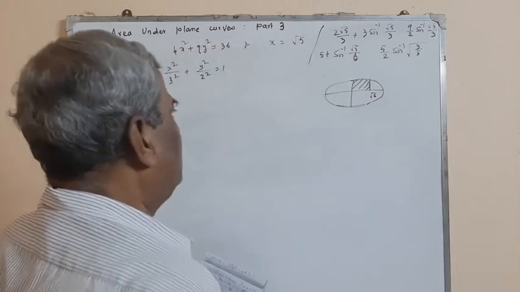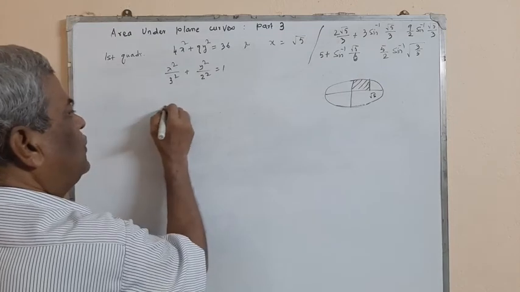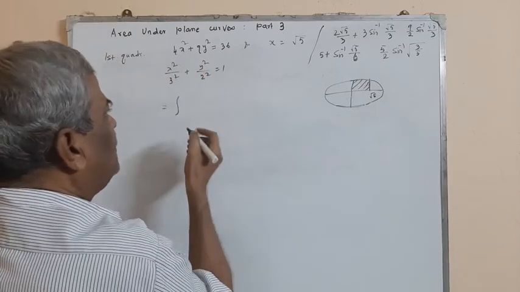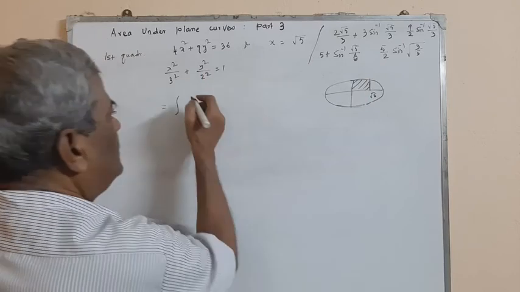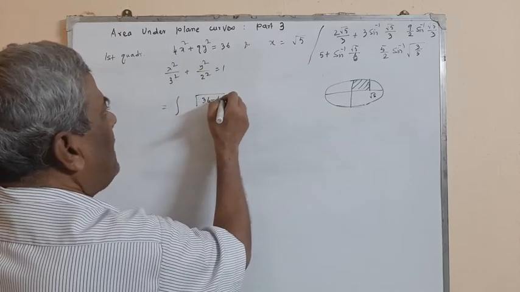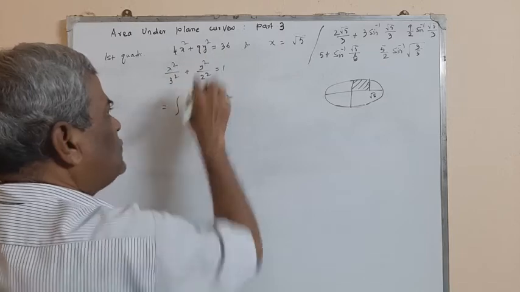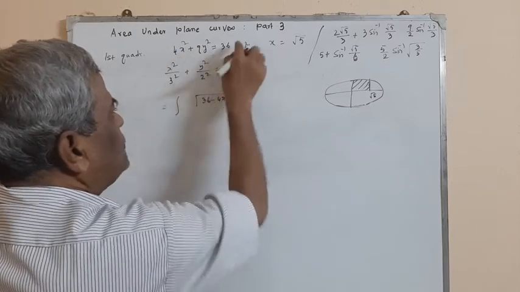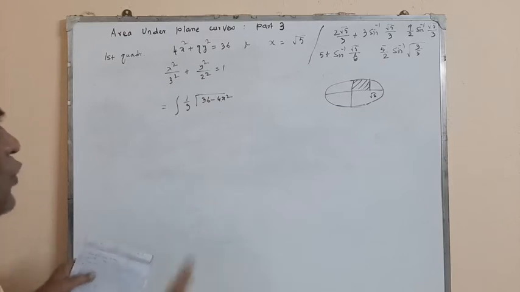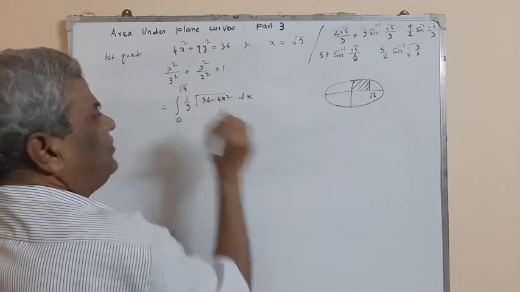So now it becomes very simple. The area is equal to the integration of y dx. y can be taken from this: 9y square is equal to 36 minus 4x square, so y is equal to the square root of (36 minus 4x square) divided by 9, integrated dx from 0 to root 5.